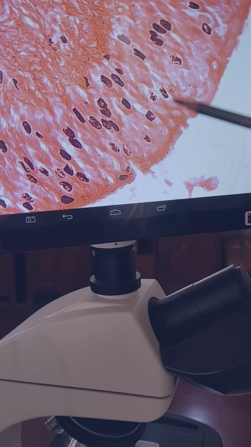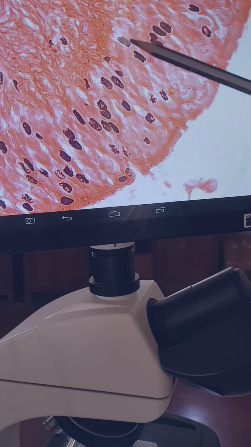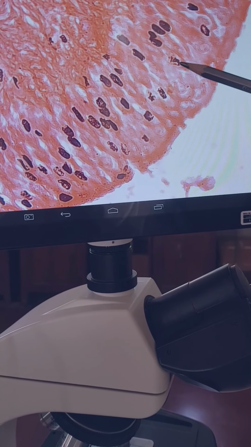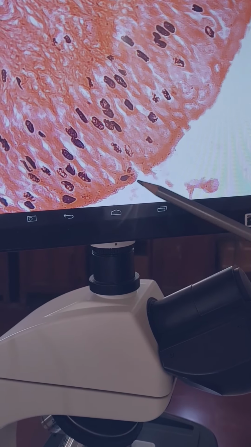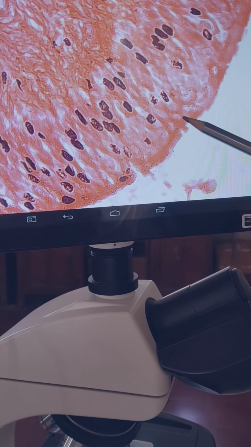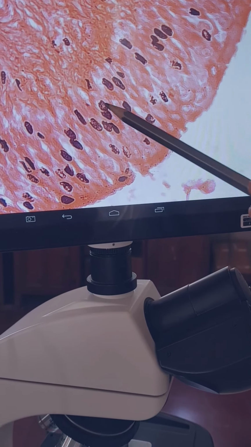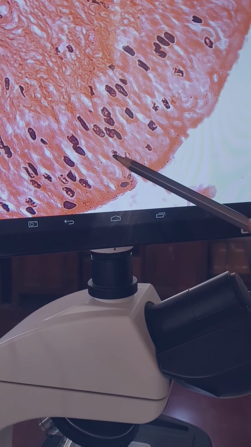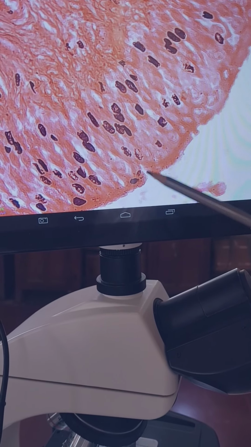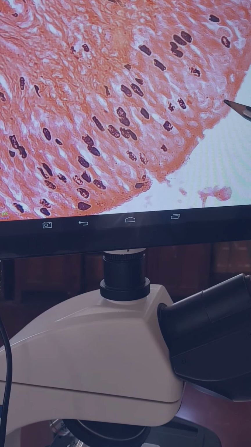See, from the basal side, basal cells are columnar having oval nuclei. Middle cells are polyhedral, and see here superficial cells are umbrella shaped. Umbrella shaped means columnar, polyhedral or pear shaped cells, and the surface cells are umbrella shaped cells.